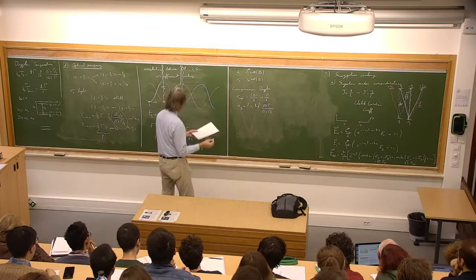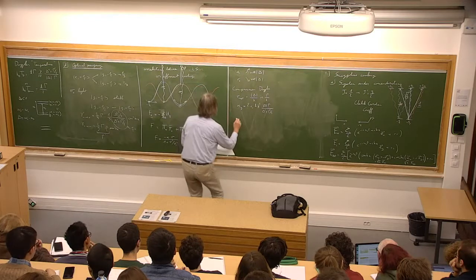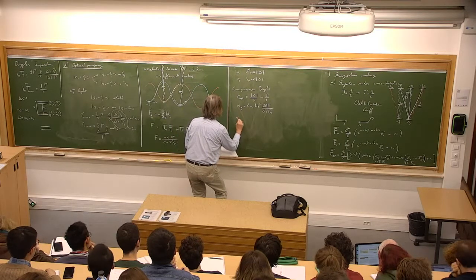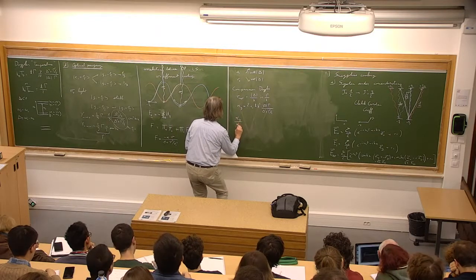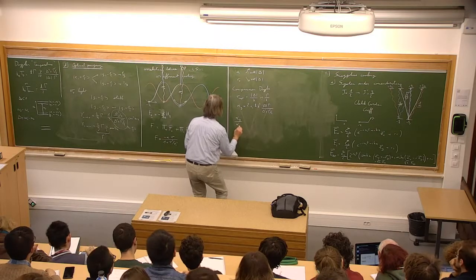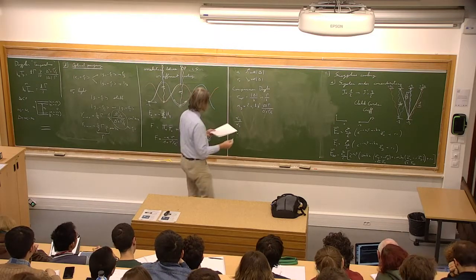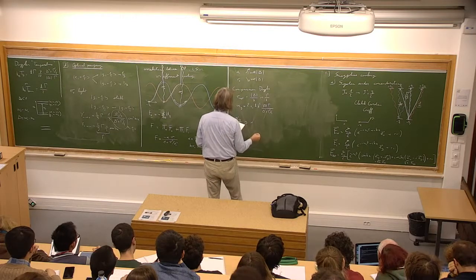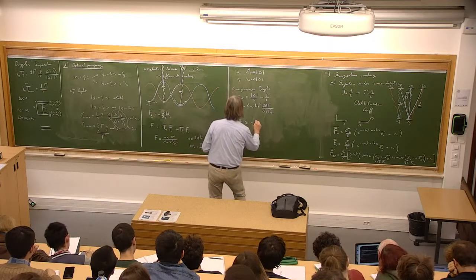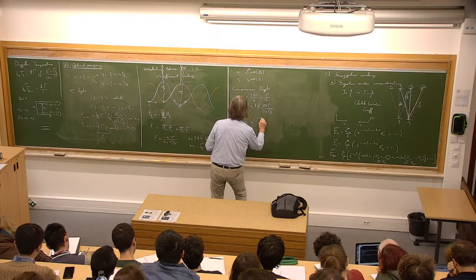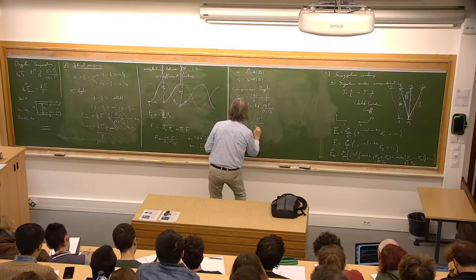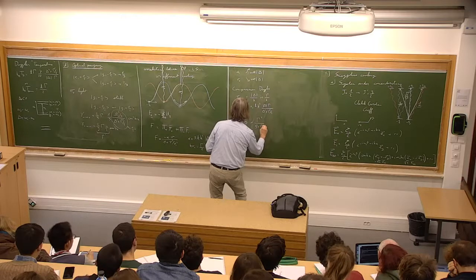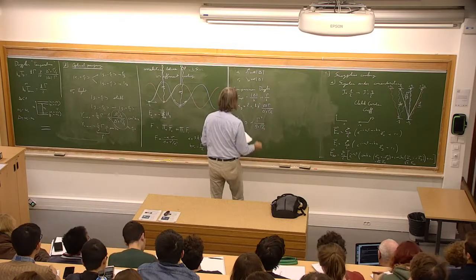Now you can compare both friction coefficients. You compute alpha Doppler divided by alpha Sisyphus cooling, and you find something like s gamma squared divided by delta squared plus gamma squared divided by 4.